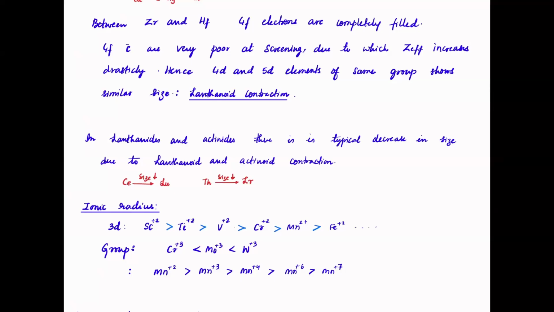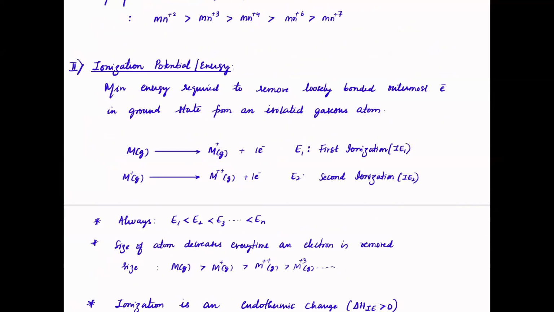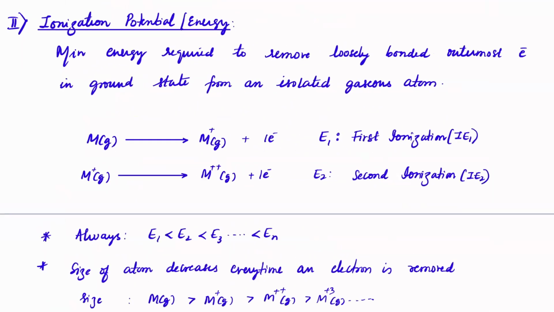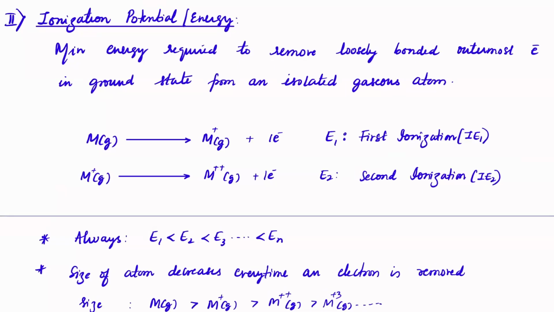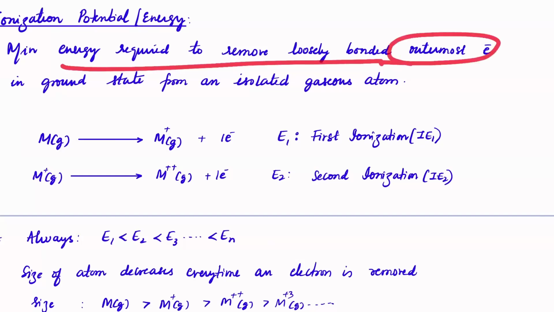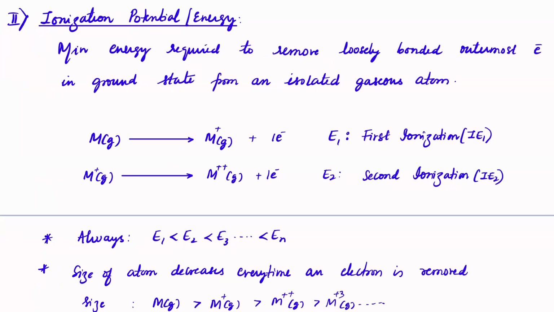Right. Let's see the next important parameter which influences the periodic properties, that is ionization potential or ionization energy. See, the minimum energy required to remove the loosely bonded outermost electron from an isolated gaseous state atom in its ground state is called ionization energy.